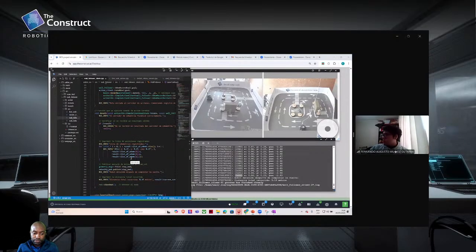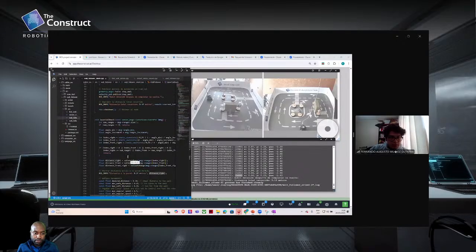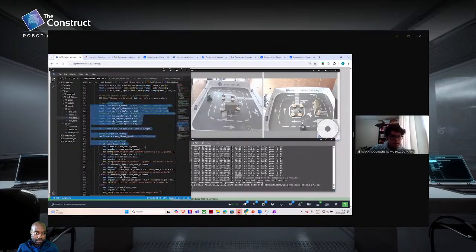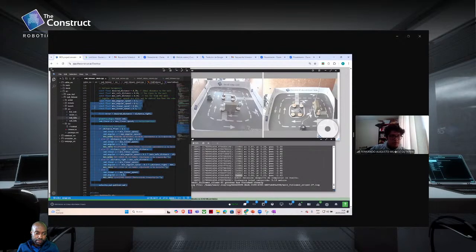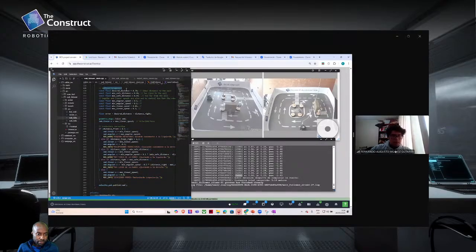Then, the most important part, I'm going to talk about that. It's also the main part of the trajectory of the robot. First, I defined parameters to put a name to all these distances.